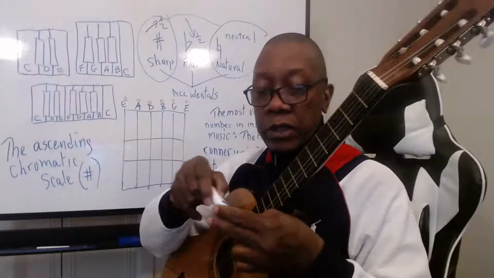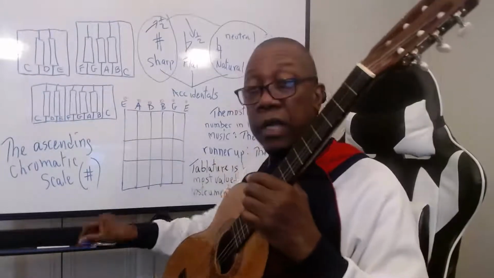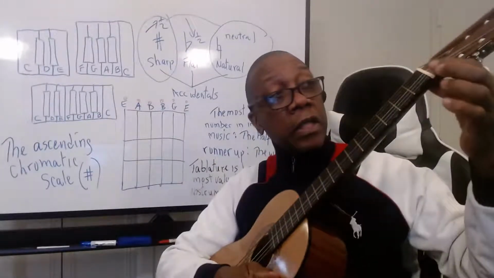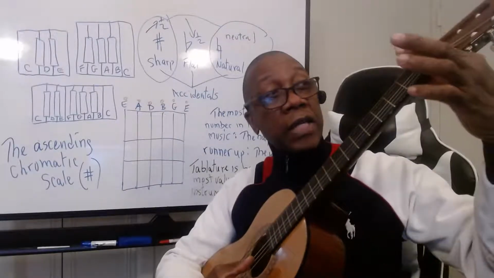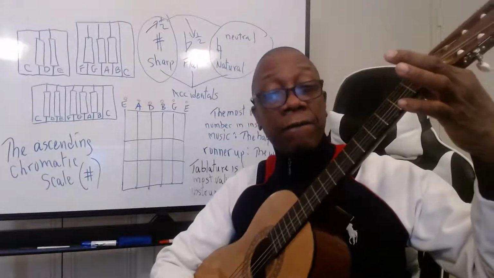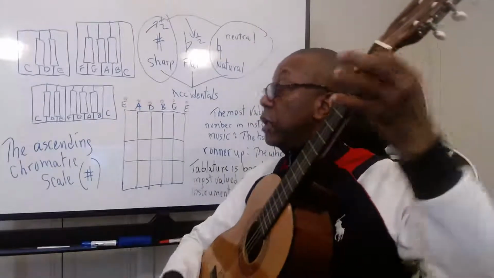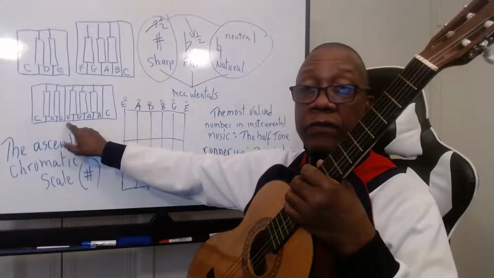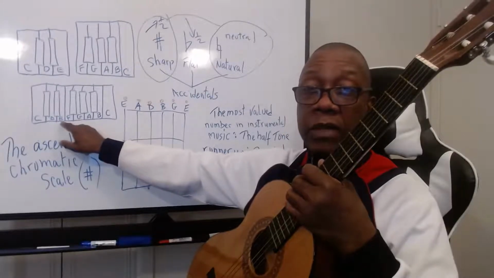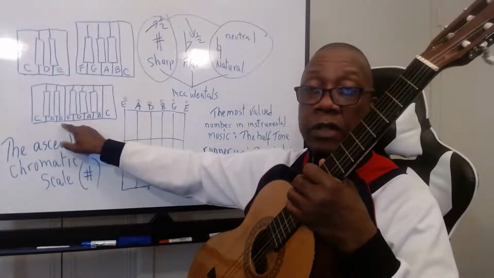Now to make it much easier, let's use our guitar. The E is open. I play it. As soon as I touch it, it's F. How do I know it's F? According to the keyboard, between E and F there's no black note. That's a half tone, a half step.